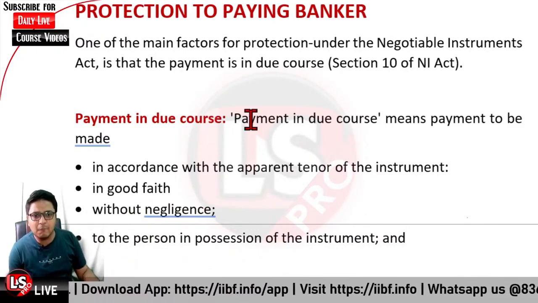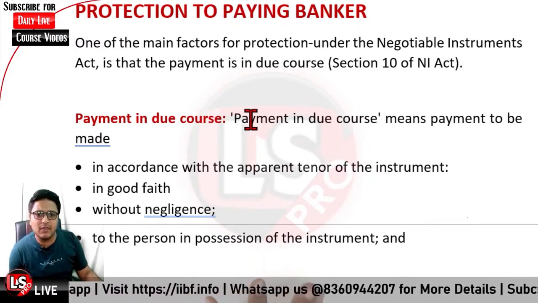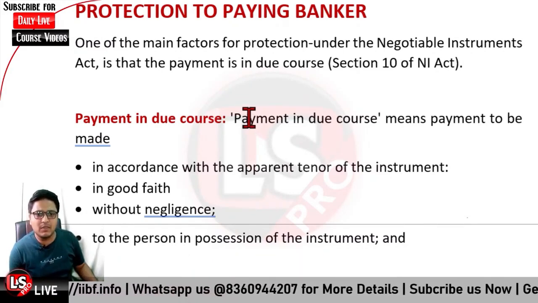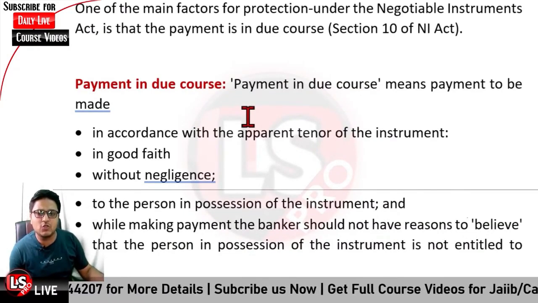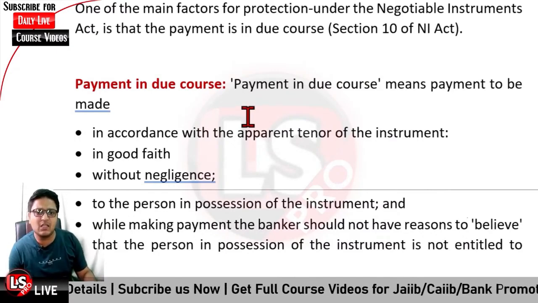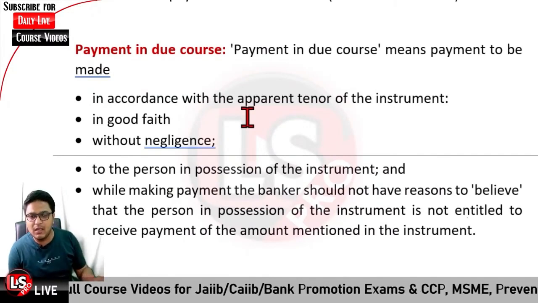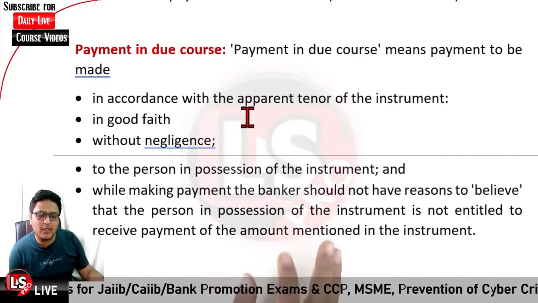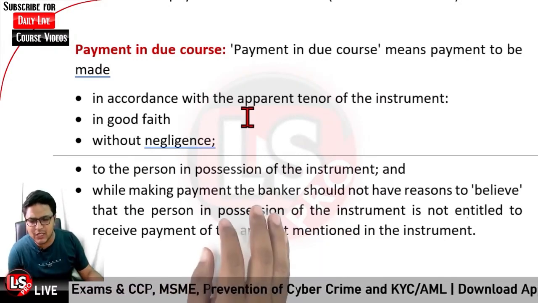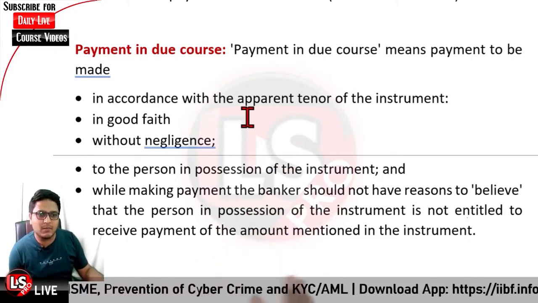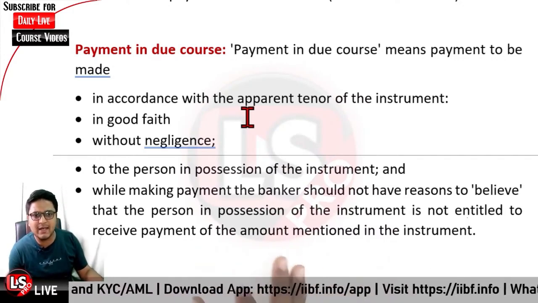And further, the amount should be paid to the person in possession of the instrument, and while making the payment, the banker should not have any reason to believe that the person in possession of the instrument is not entitled to receive the payment. If the check holder does not seem to be the right owner of the check, then payment should not be made.